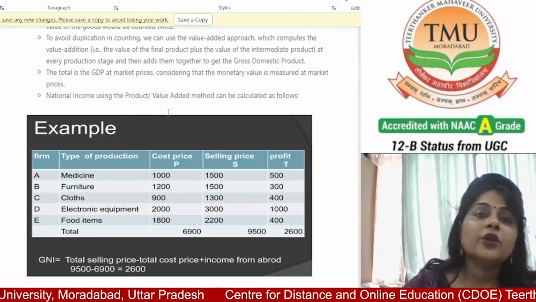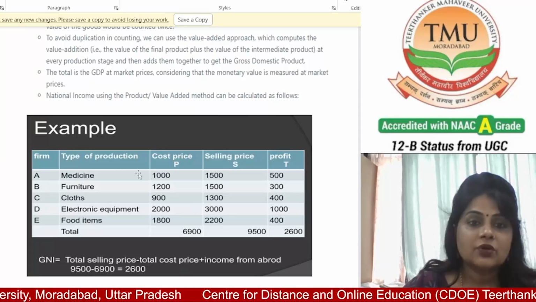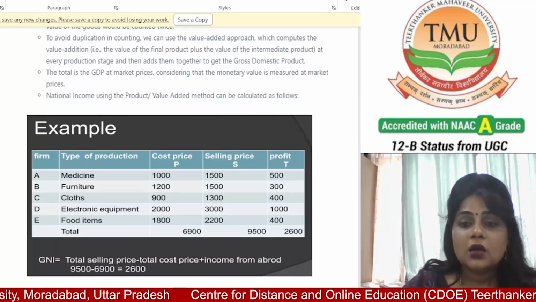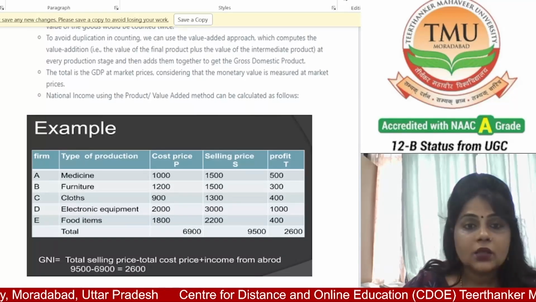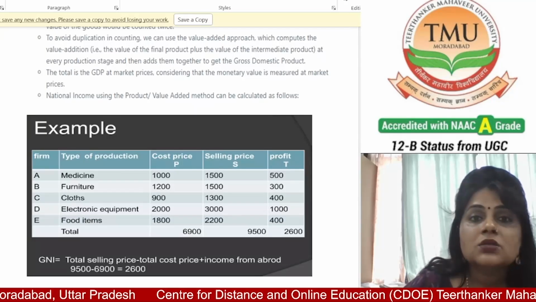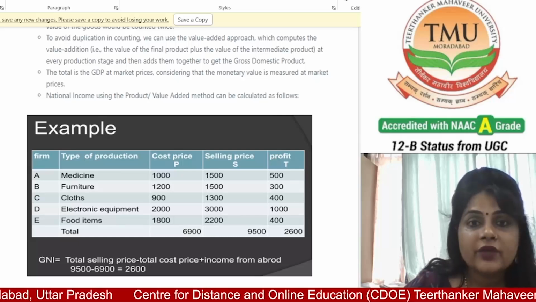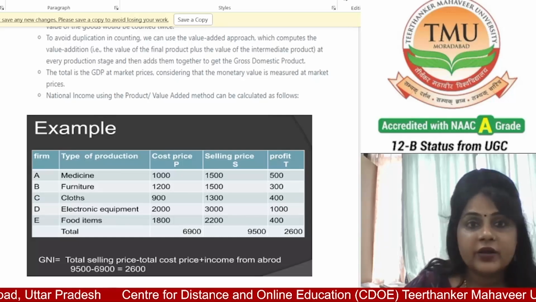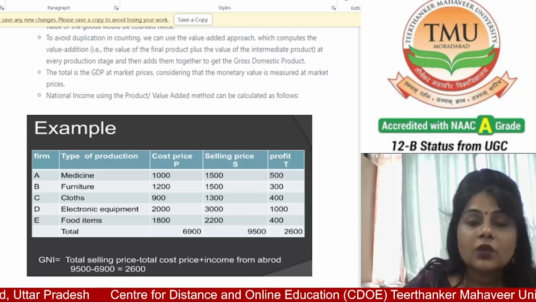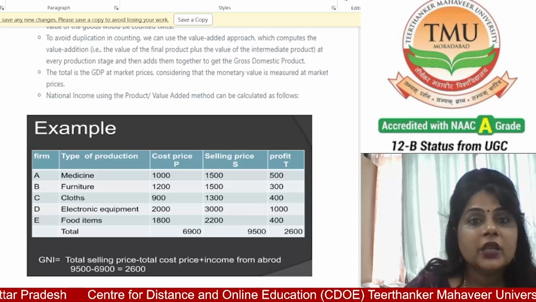National income using the product and value added method can be calculated as well for types of production, which is shown on the screen. Medicines: cost price 1000, selling price 1500, profit 500. Furniture: cost price 1200, selling price 1500, profit 300.